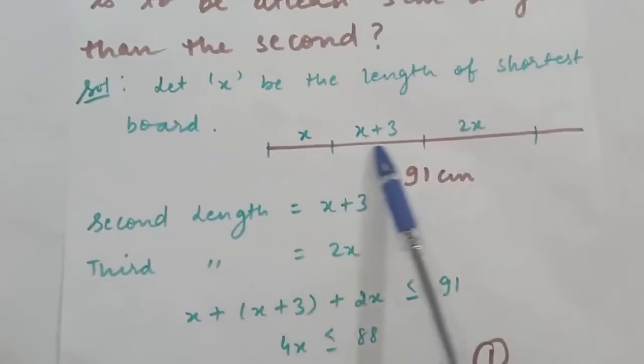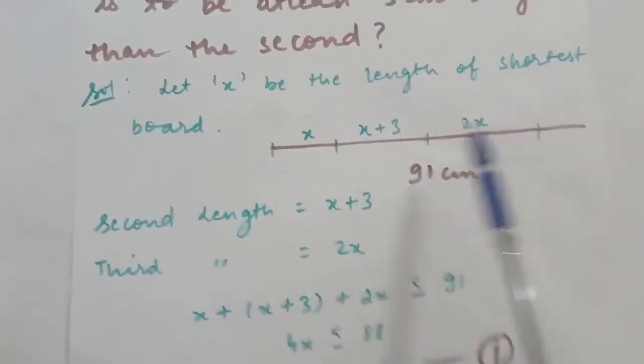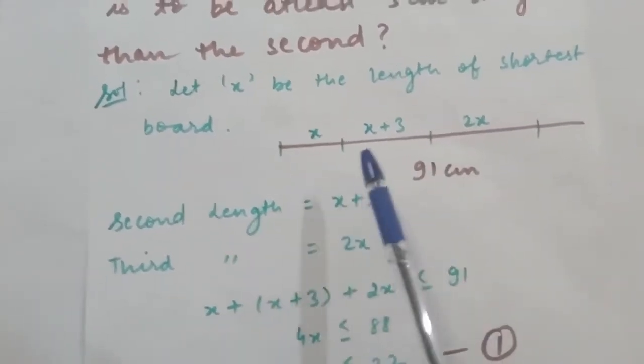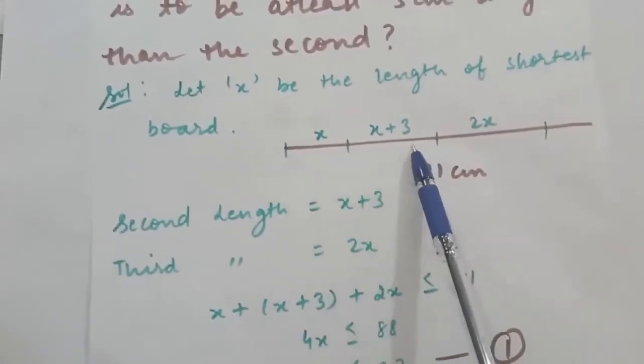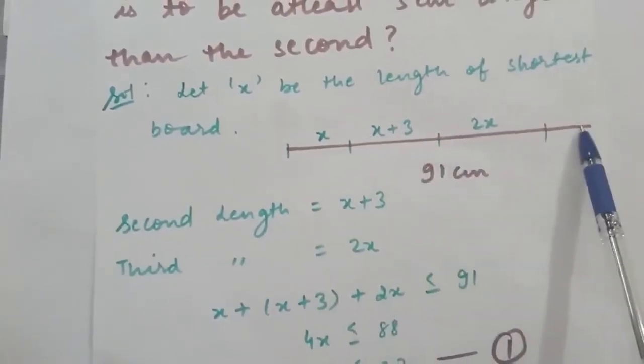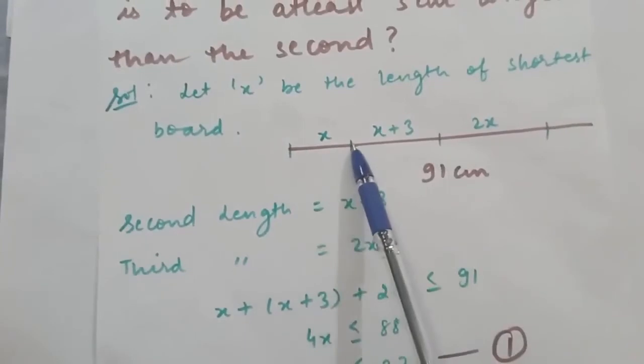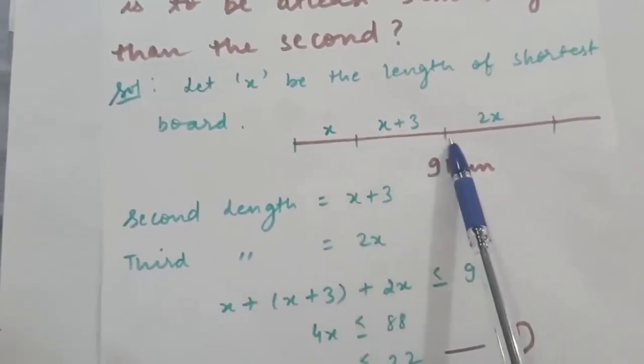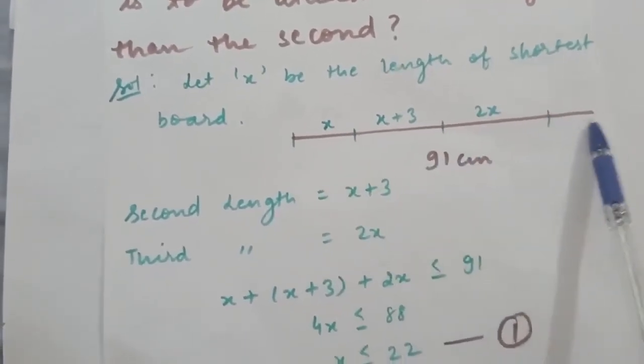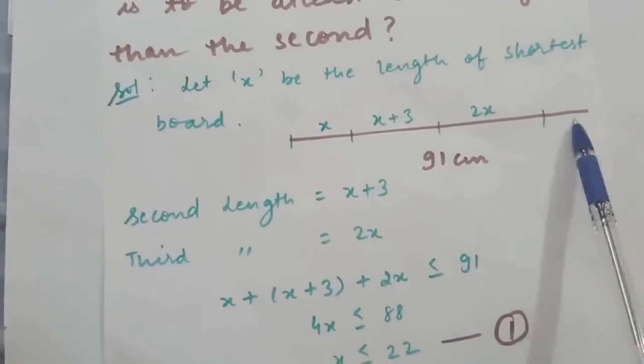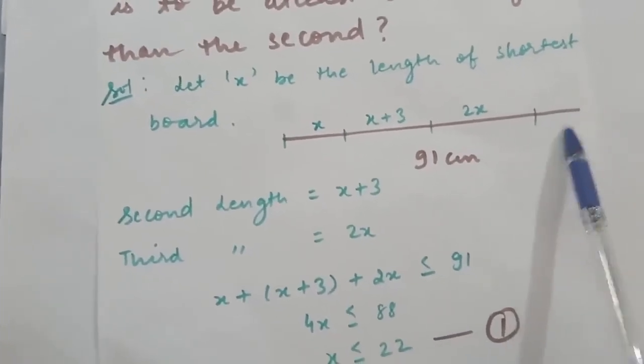Also see, the board is of 91 centimeter. A man wants to cut 3 pieces. So either the man can use the complete board, or can use it like this: this is the shortest, this is the second and this is the third, and also some part of the board remains as it is, right?